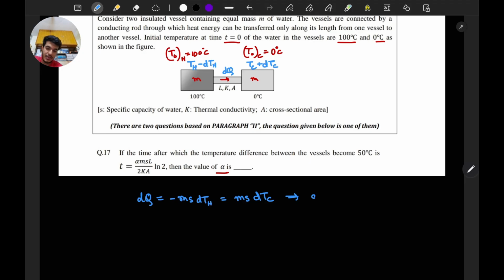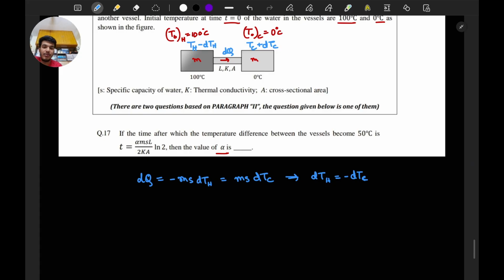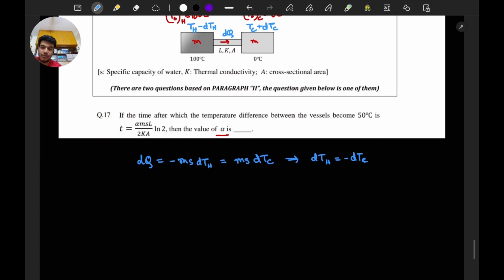So from here we can find a relation that dTH equal to minus dTC, isn't it? By common sense also you can find it. So now we also have one equation which is due to the conduction of heat through the rod. The heat current, dQ by dt, which is I, can be easily written as KA, the temperature difference at that point of time, delta T by L.